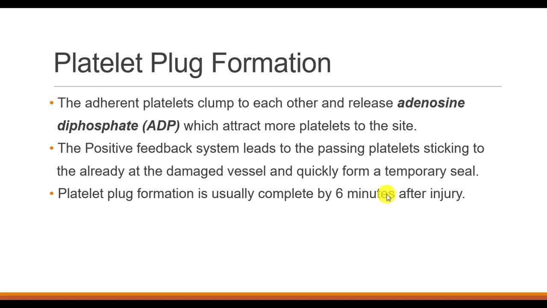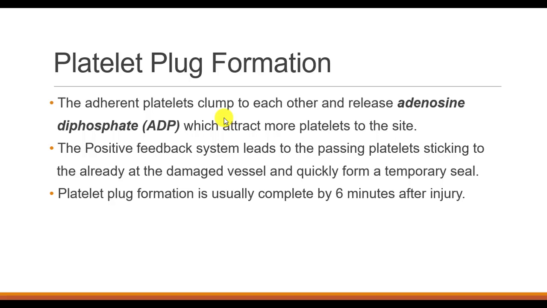If I move to the next slide, platelet plug formation is the second step of hemostasis. What happens during platelet plug formation is that previously thromboxanes were released, and they are like signals, or transmitters, for adherent platelets to clump to each other. Wherever there is injury to the blood vessel, the platelets adhere to each other, join with one another, and form a clump, and they release ADP.